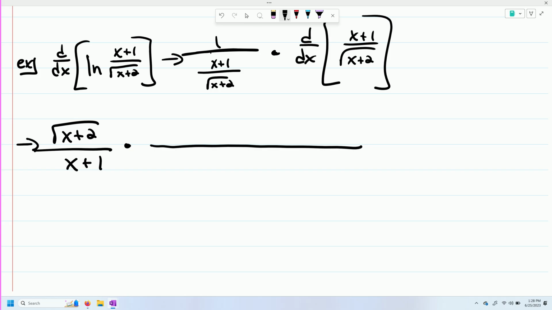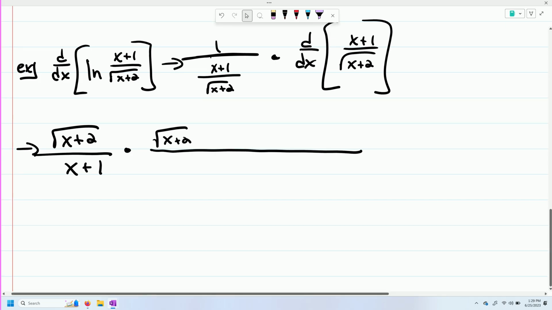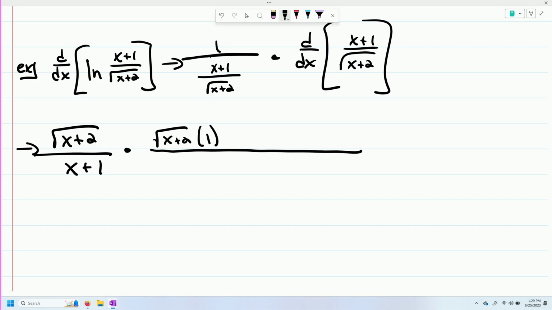So it is the square root of x plus 2 times 1 minus the quantity x plus 1 times 1/2 times x plus 2 to the negative 1/2 all over x plus 2. Once again, like I said, it gets really ugly very quickly, but we can go ahead.